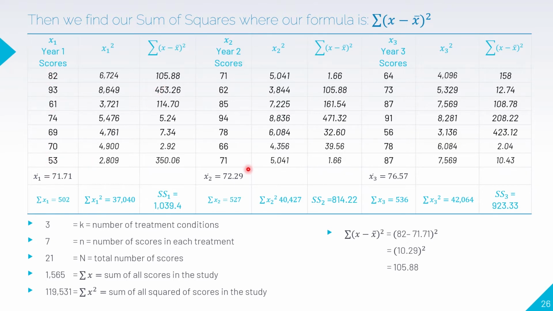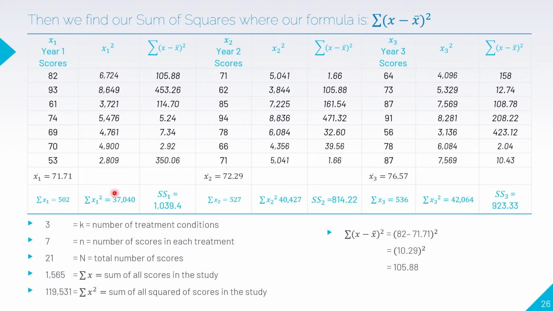7, 14, 21. Now, in finding the summation of X, the sum of all scores in the study, we just need to add these. The summation of this one, this one, and this one, added together, gives us the summation of X, 1565. Now, in finding the summation of X squared, the sum of all squared scores in the study, we just need to add these.